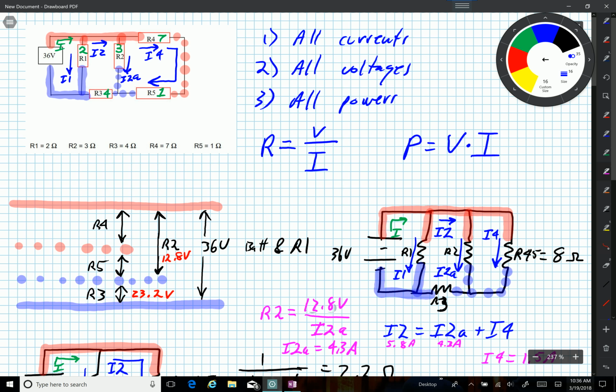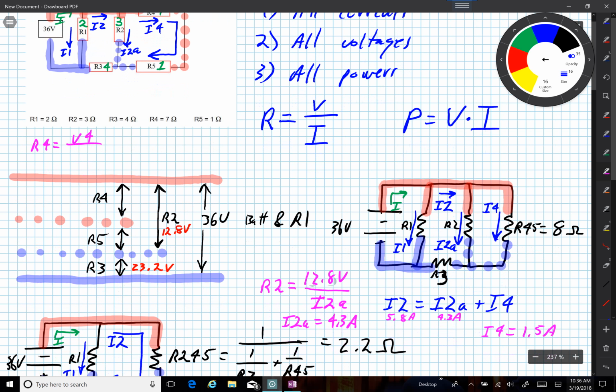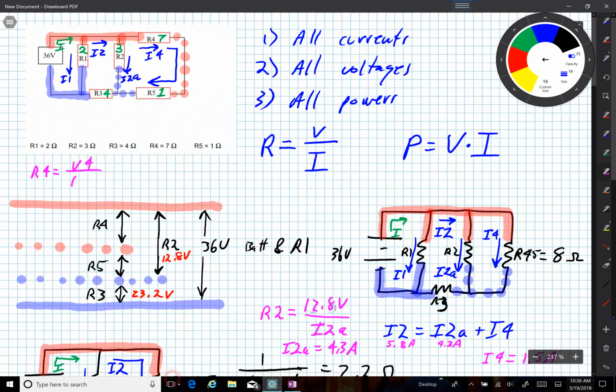And I'm going to do that using Ohm's law. So I'm going to say R4 is equal to V4, which I don't know, divided by I4. And I4, we just figured out, was 1.5 amps. So V4 equals, just solve this equation for V4.